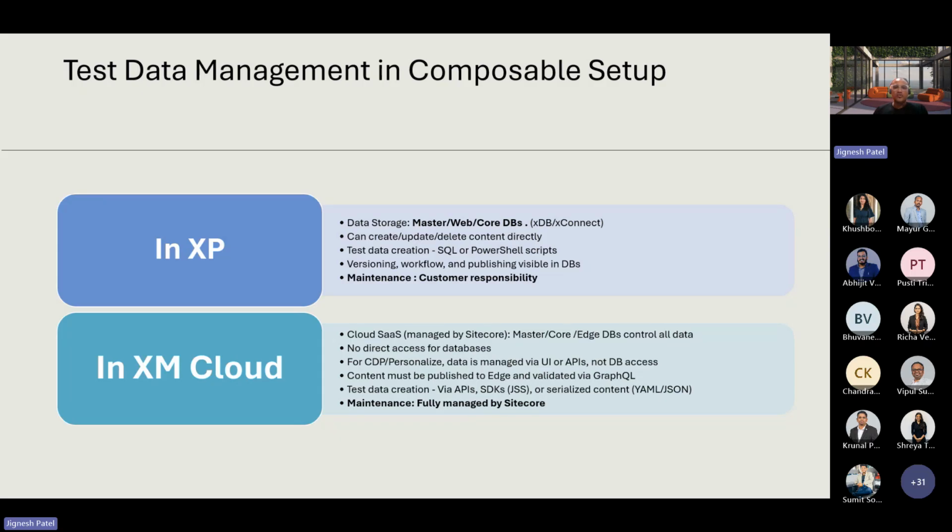So if your application crashes at the XM Cloud level, you have no other option but to wait until the problem is solved at the Sitecore level. But in XP, it is manageable because you have a controlled environment. So this is how test data is managed in XP versus XM Cloud.